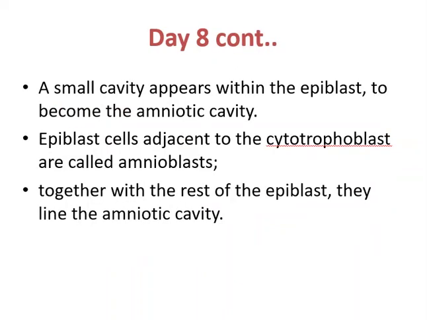Continuing with day 8, a small cavity appears within the epiblast that later becomes the amniotic cavity, and the epiblast cells adjacent to the cytotrophoblast are called amnioblasts, which line the amniotic cavity together with the rest of the epiblast.